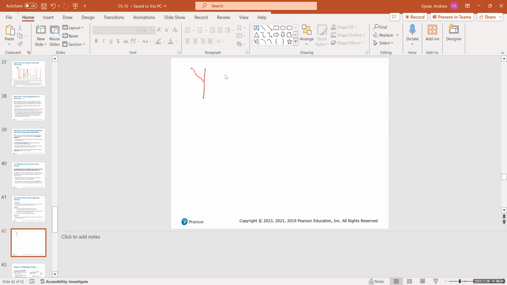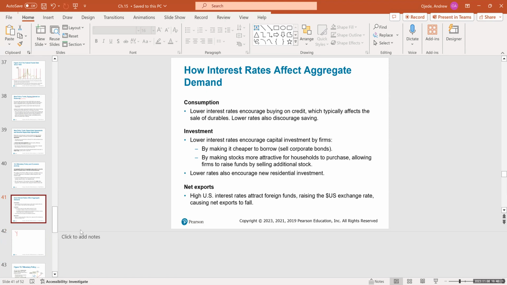Oh, my pen is not working here. Oops. My screen kind of froze. Just hold on a second, I've got to figure this out.